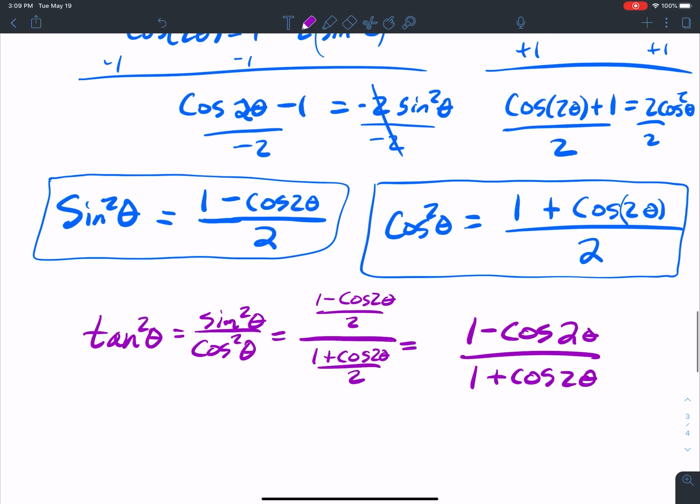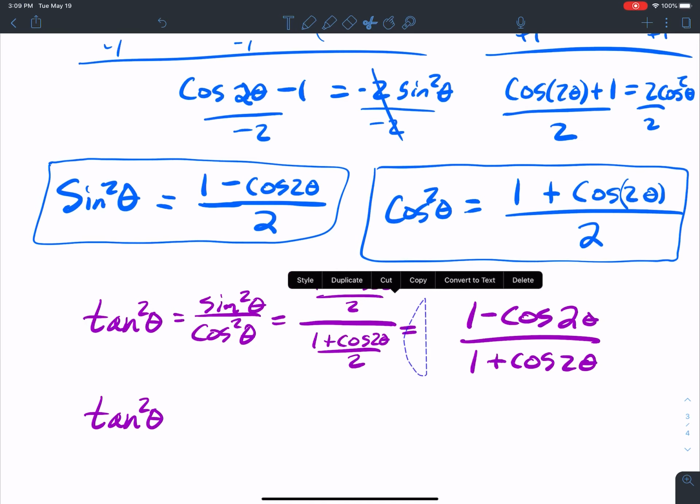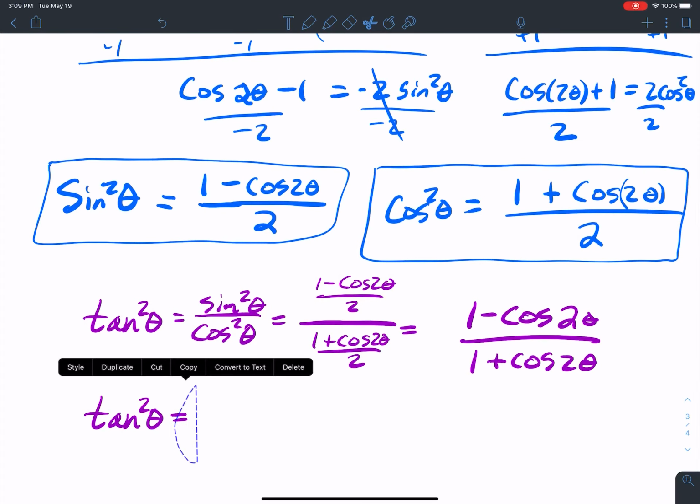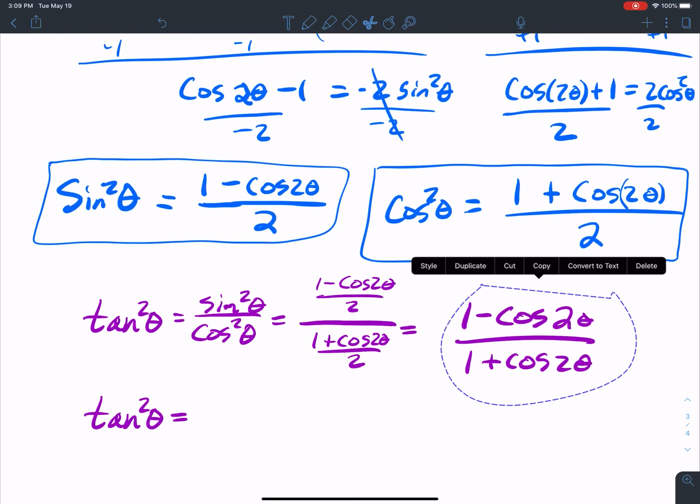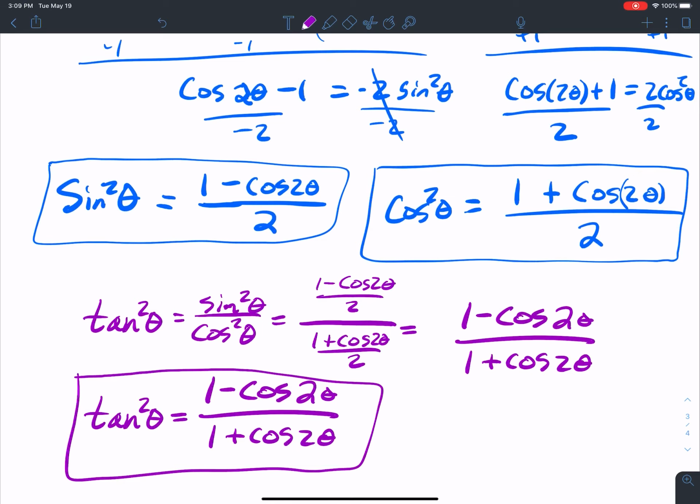So that is the tan squared identity. I'm going to copy that real quick. That's the last of the three reduction identities that we need.